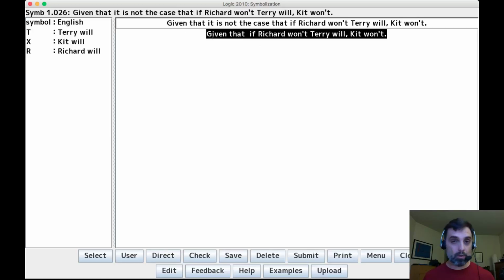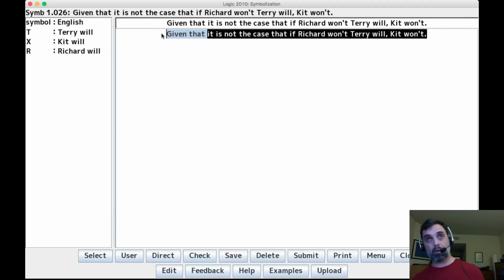We have more than one thing, and do we have 1 sentence? Well, this doesn't seem like a sentence, this whole thing. Maybe it is, but maybe it's not. So the it is not the case that is not the main connective. And that only leaves given that. So by process of elimination, we are already in position to fairly confidently conclude that given that is the main connective, although there was a little bit of uncertainty maybe in our conclusions about which things were sentences.